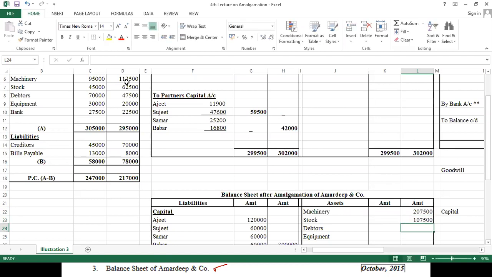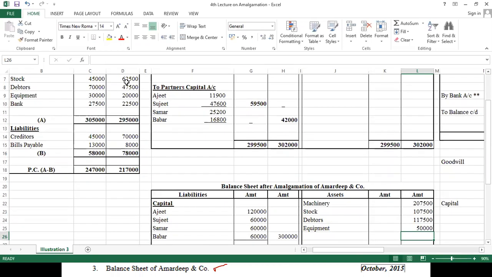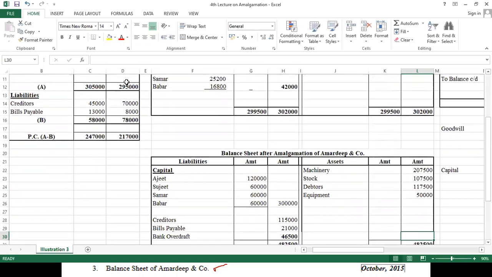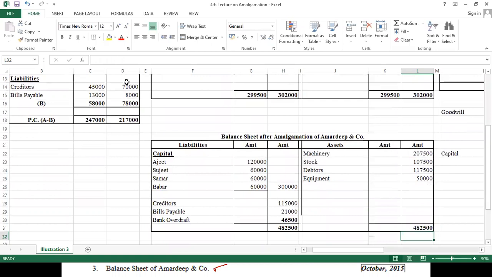Debtors are 70 plus 47,500. So again it will be 1,17,500. Then we have equipment. Equipment is 50,000. So let's see whether our balance sheet got tally or not. Yes, our balance sheet got tally.